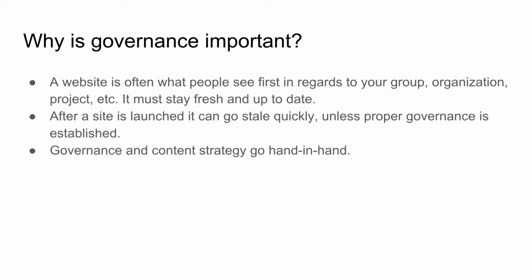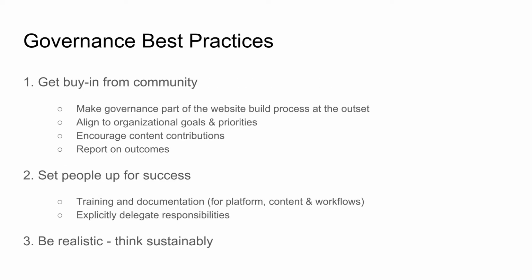So it's really important to have a governance plan established and for people to follow that. And then governance and content strategy go hand in hand, since a website is ultimately a communications tool. So as you publish content, it's got to be planned and stay relevant in most cases.